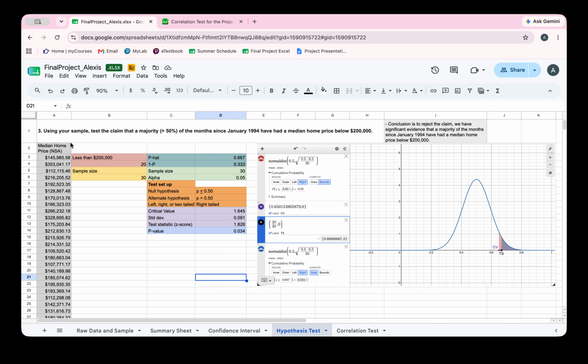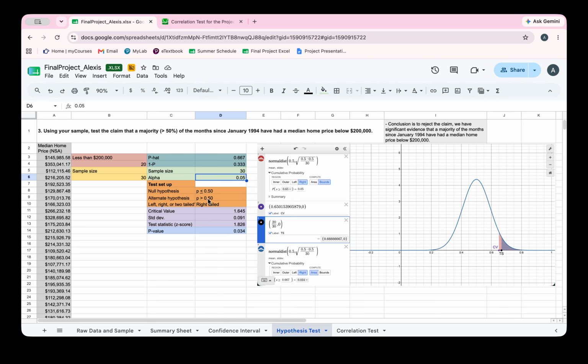I am answering the question: using your sample, test a claim that a majority of the months since January 1994 have a median home price below 200,000. The significance level alpha I'm using is 0.05 since that is the standard threshold. The null hypothesis here, true proportion of months with a median home price below 200 is exactly 50%.